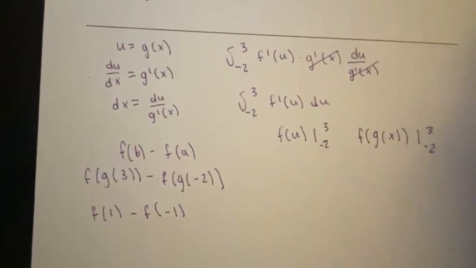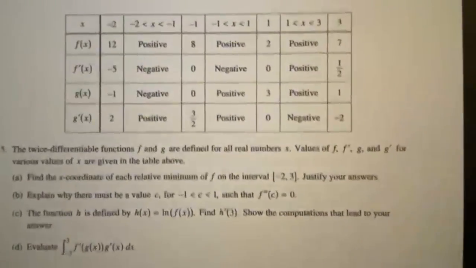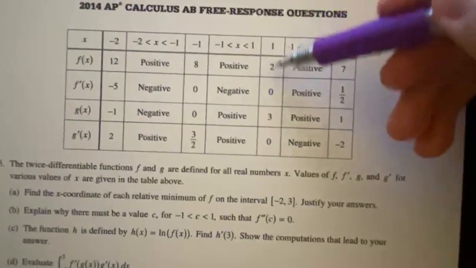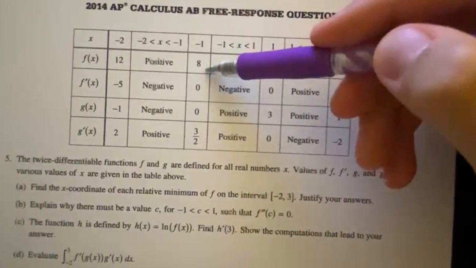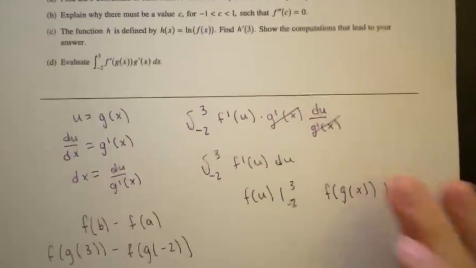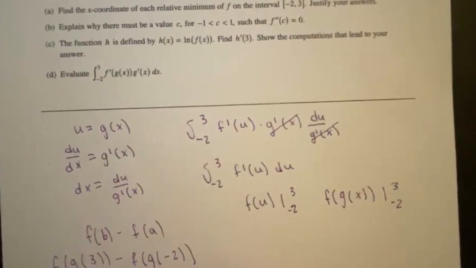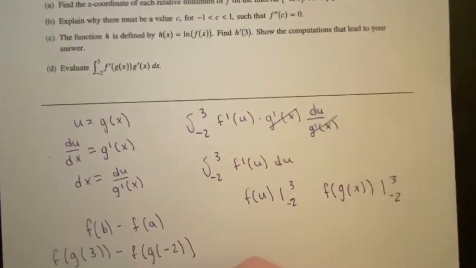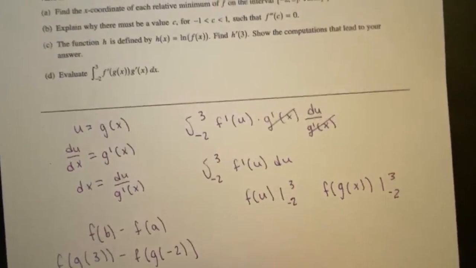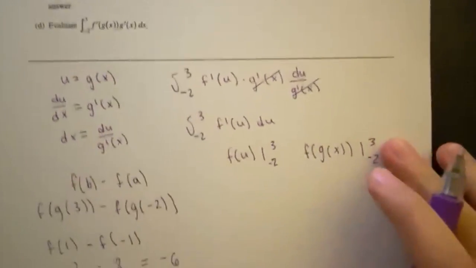And again, we go to the chart, and f of 1 is 2, and f of -1 is 8. So 2 minus 8. And then we just evaluate that. That's -6, and that's the answer.